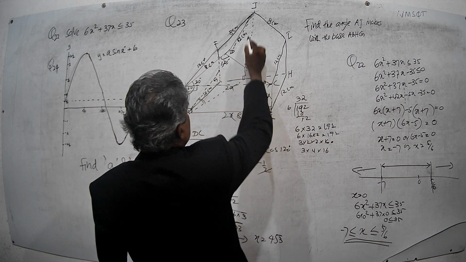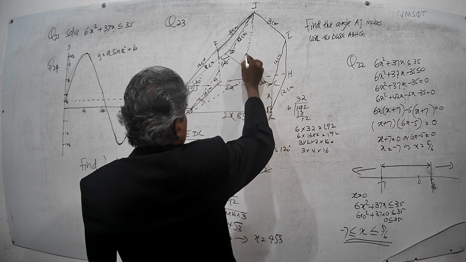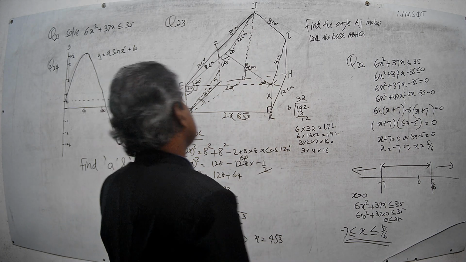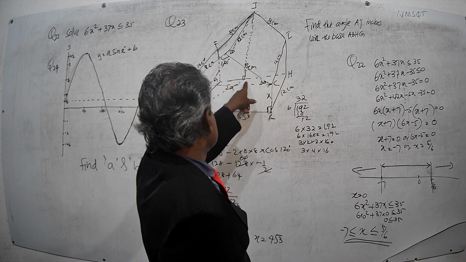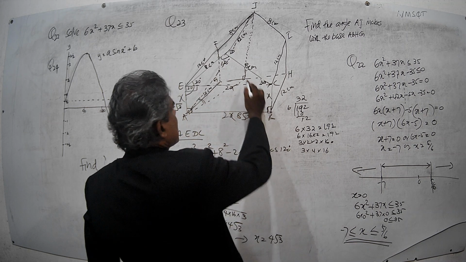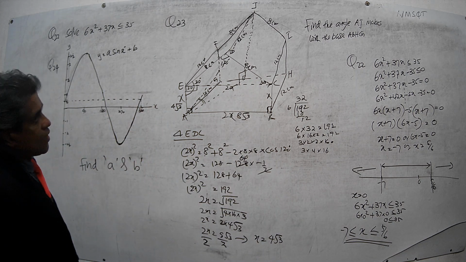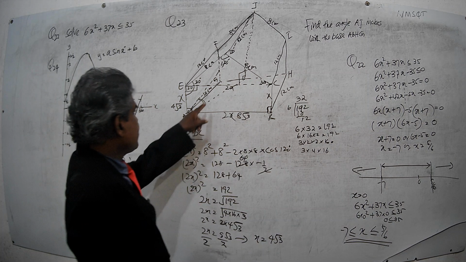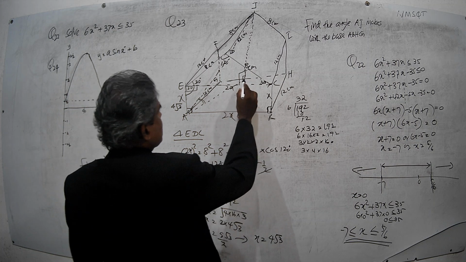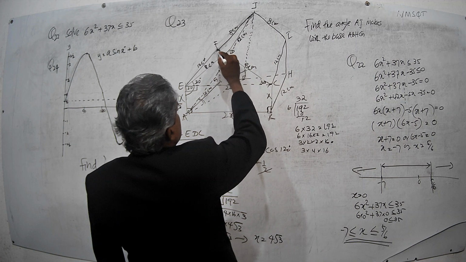Here there's a 90 degree angle, this one is a 90 degree angle. This point J and this one A. This angle is a 90 degree angle. And you can use that right angle triangle to find this angle. Here actually this is also an isosceles triangle.